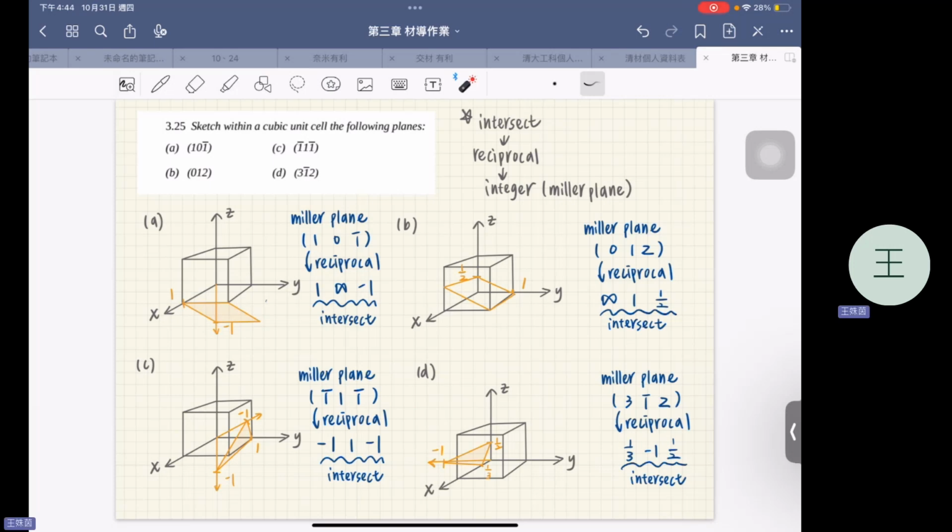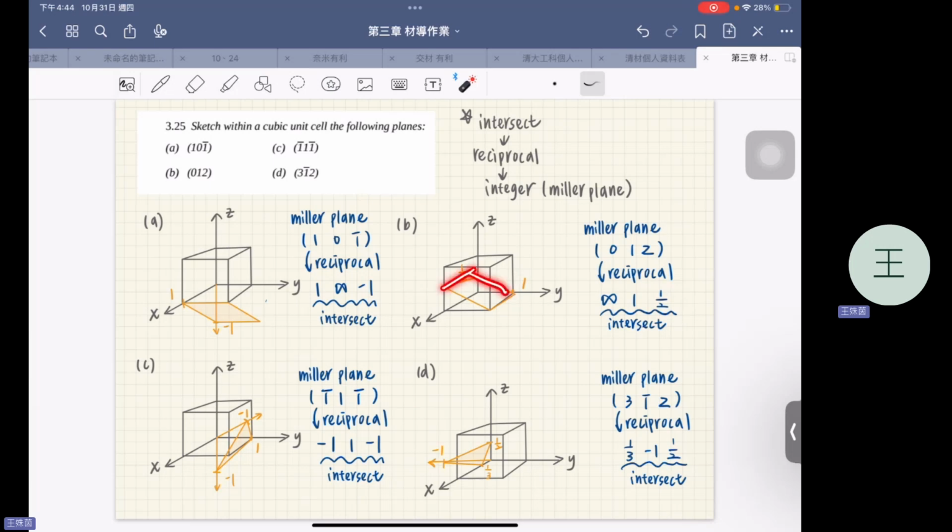Okay, for b, 0, 1, 2, we can do the reciprocal and know it's infinity, 1, 1.5. Okay, so these are the intercepts for x, y, z. So there's no intercept for the x-axis, and the intercept will be 1 for the y-axis, and z will be 1.5.